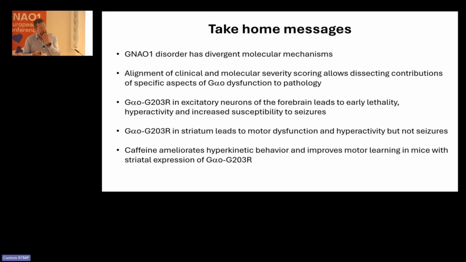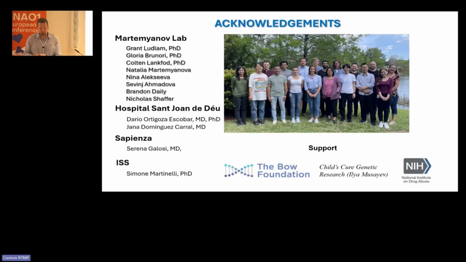So, for example, G203R in excitatory neurons is involved in hyperactivity, but also contributes to the seizure susceptibility, whereas in the striatum, it contributes to also hyperactivity, but mostly to the motor dysfunction in this case. And caffeine may be a promising therapeutic intervention as well.